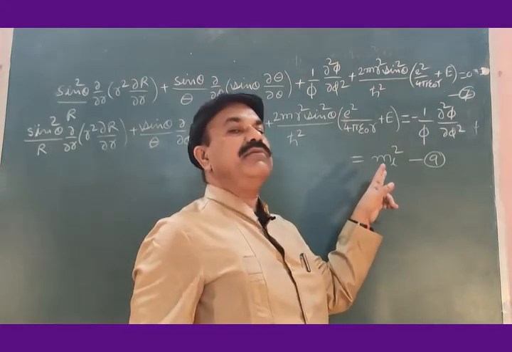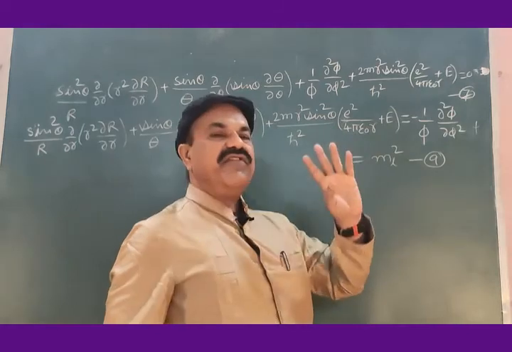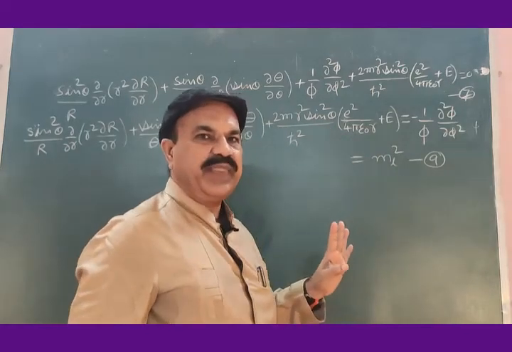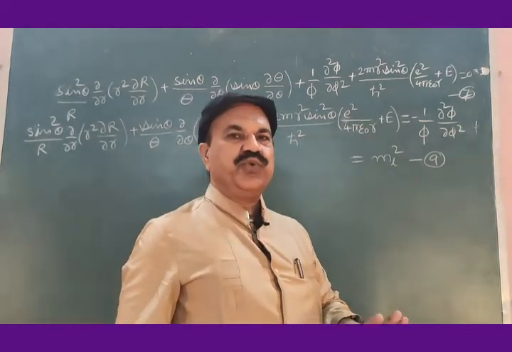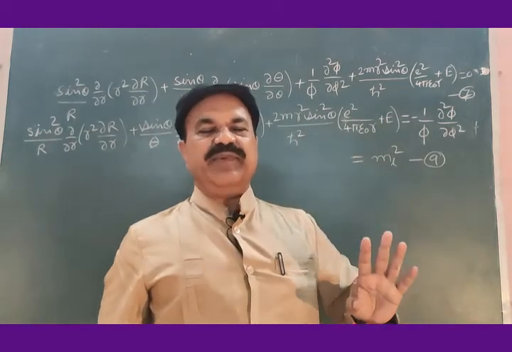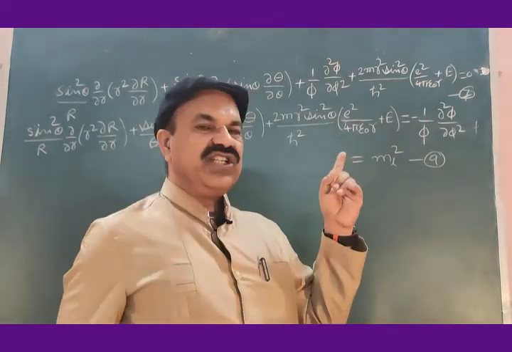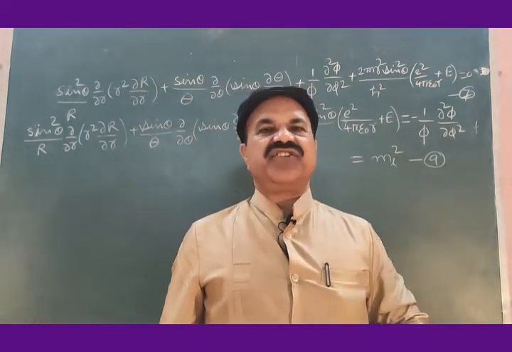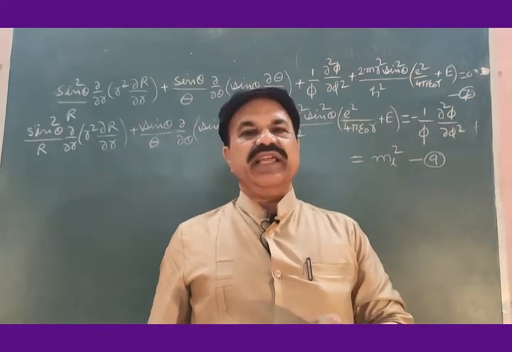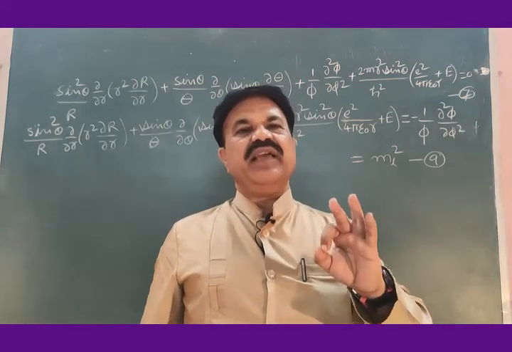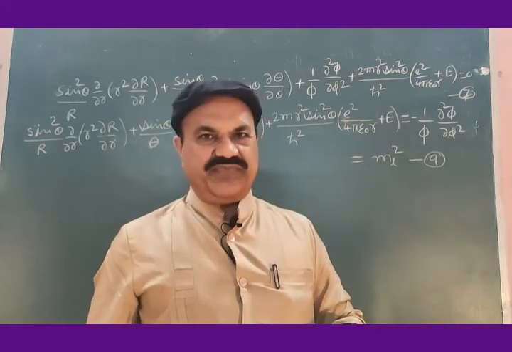This is equal to ml square, equation 9. If equation 9 is true, then only equation 8 will be true. If equation 9 is a valid equation, then only equation 8 will be a valid equation.